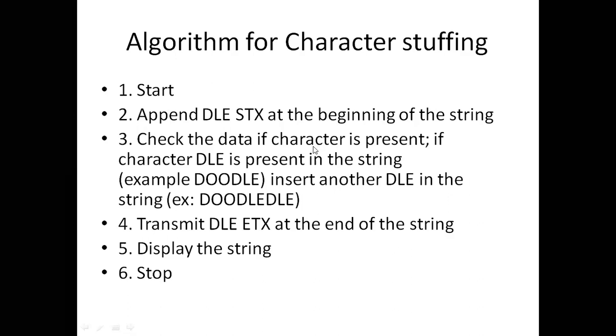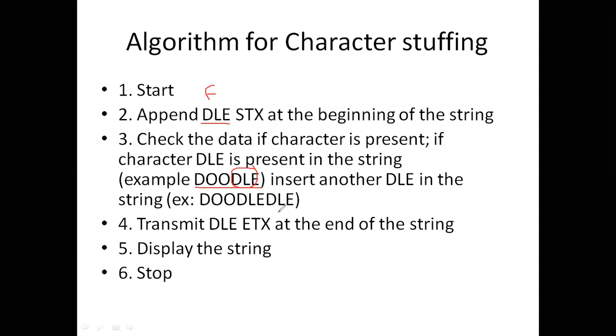Okay, which character? The DLE. DLE is the flag, and if the character DLE is present in the string, then we add one more DLE. See, for example, doodle. Doodle is the data, but DLE is what? Here the flag. DLE is the flag. So one DLE exists here.